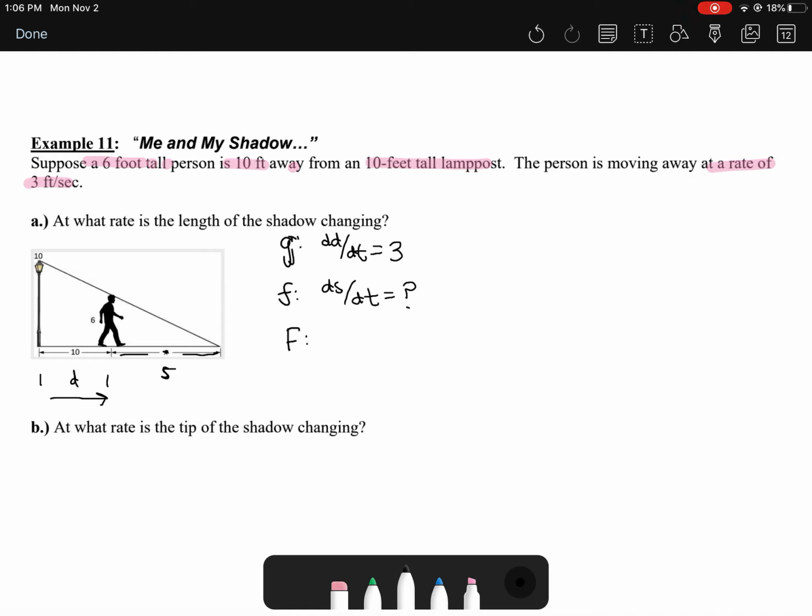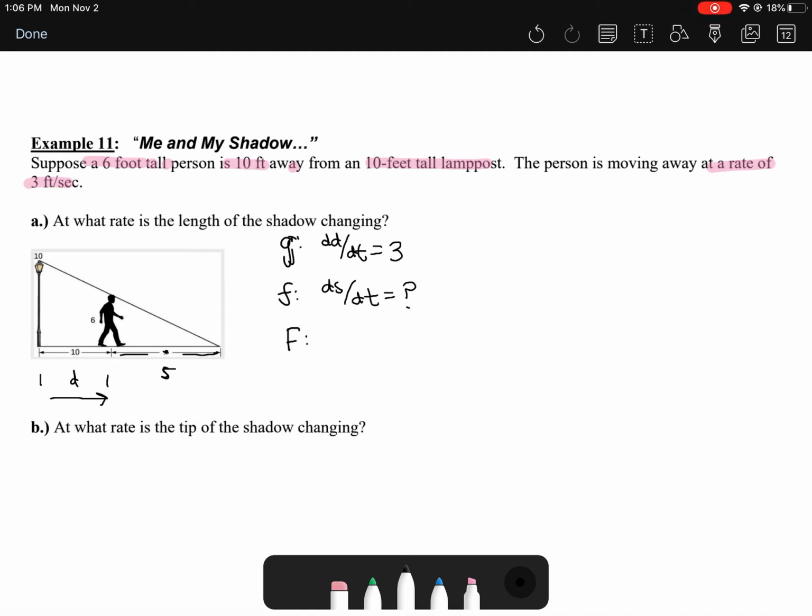So you're like, well, what formula do I use here? Hopefully this will trigger something from geometry where we did shadow problems, and that was in our similarity unit. So in this case, I'm going to be using similar triangles.